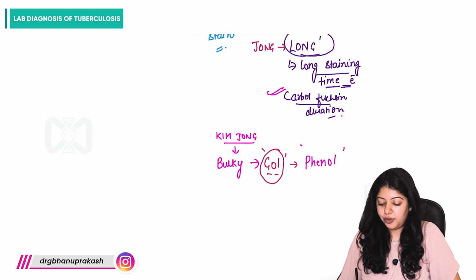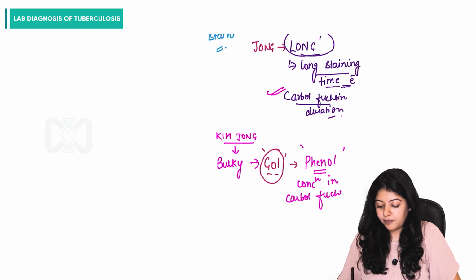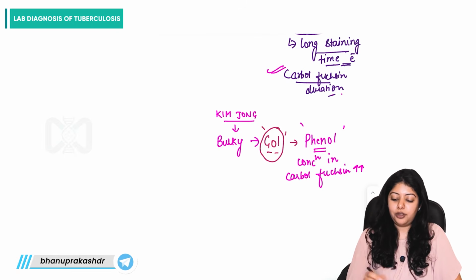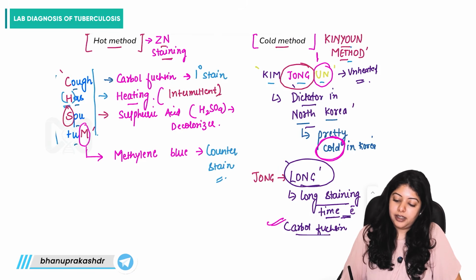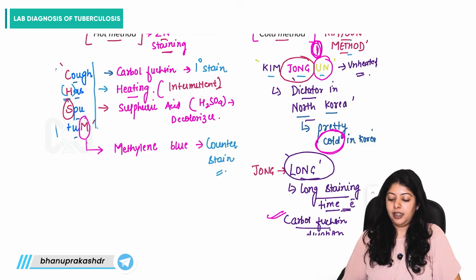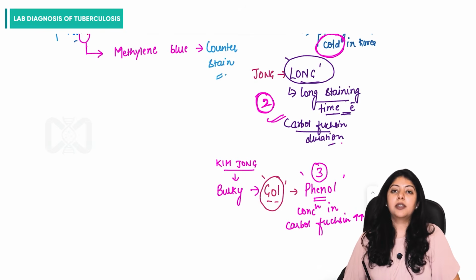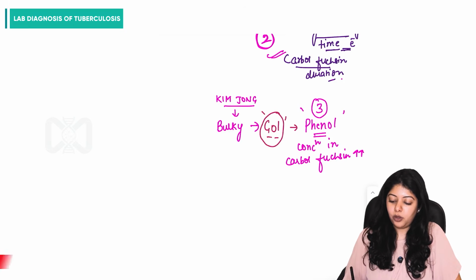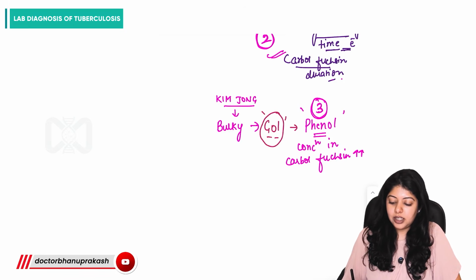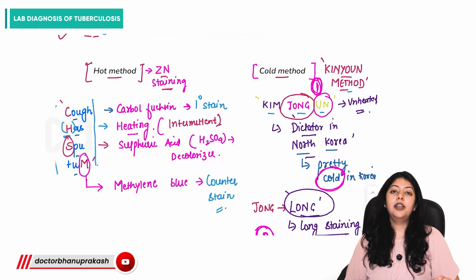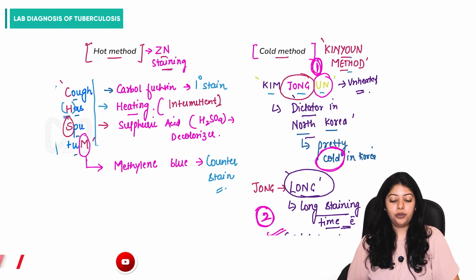Gol and phenol. So, phenol concentration in carbol fuchsin is increased. So, this is the third modification. First is unheated method. Then there is long staining time. Second thing. And third, where phenol concentration, it is increased in carbol fuchsin. So these are the three important modifications done for cold method.